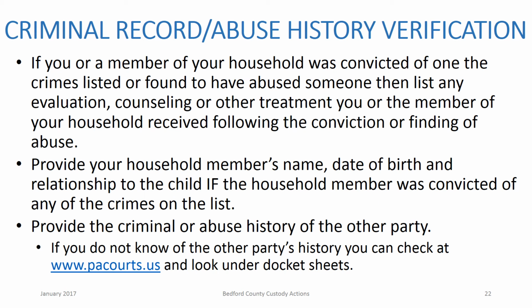When you click on docket sheets in the upper right hand corner, you can search in the Criminal Court of Common Pleas or the Magisterial District Court, and these would be places where you would find out, is there a case, what has occurred in this case? Was there a guilty plea? Was there a trial? Was it dismissed? You can search by the other party's name, their county, the docket type, for example, criminal docket, the status of the case, or the date of the case.